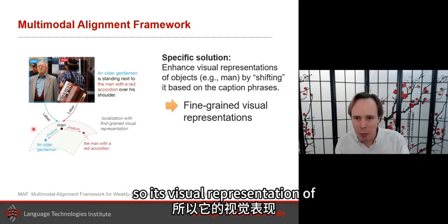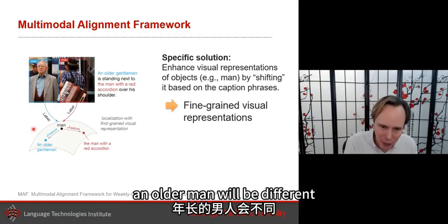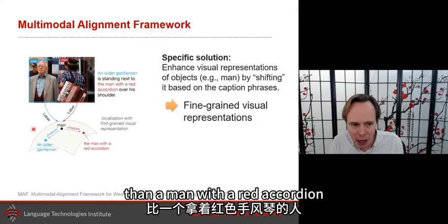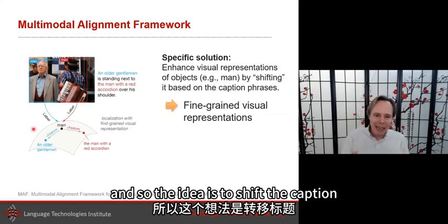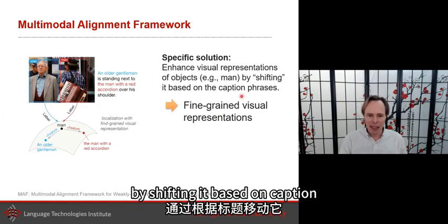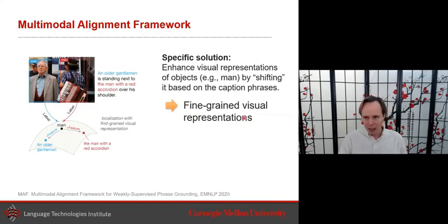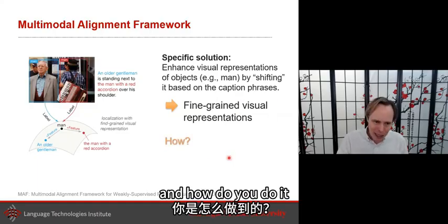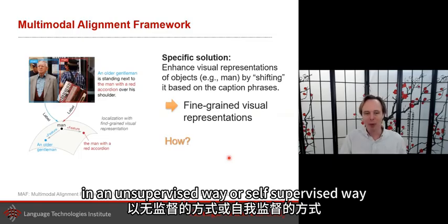So its visual representation of an older man will be different than a man with a red accordion. The idea is to enhance the visual representation of man by shifting it based on the caption. And how do you do it? In an unsupervised or self-supervised way?